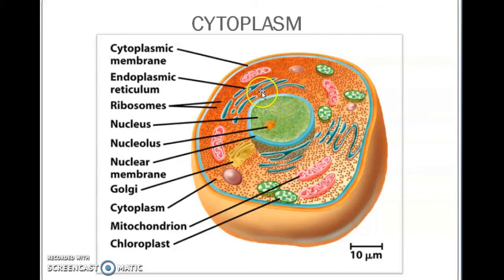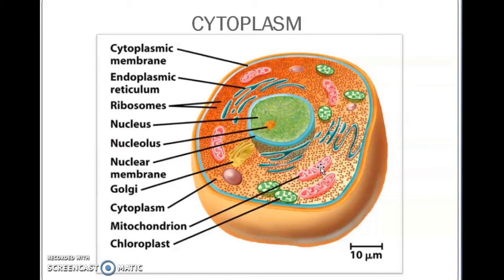So what is this cytoskeleton? Cytoskeleton is also found in the eukaryotic cells, and it is the system of filaments or fibers which help in maintaining the cell shape, and it is responsible for the movement of cell organelles and the cell. Just like human beings have the skeleton system, likewise the cytoskeleton is present in the cell which performs the same function as the skeleton system performs in our bodies.